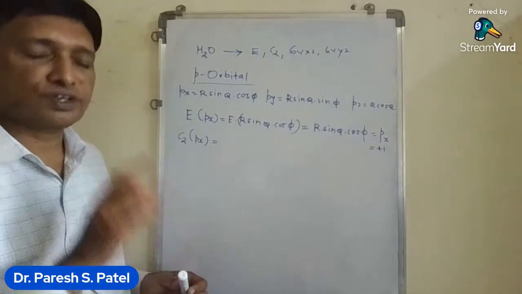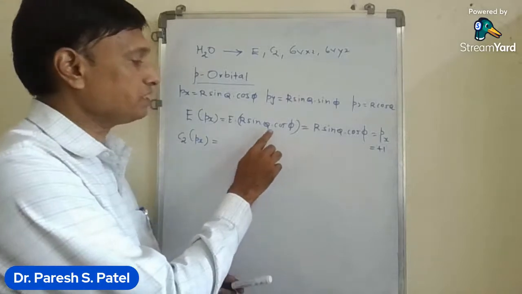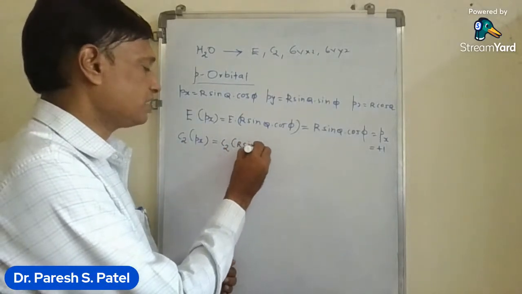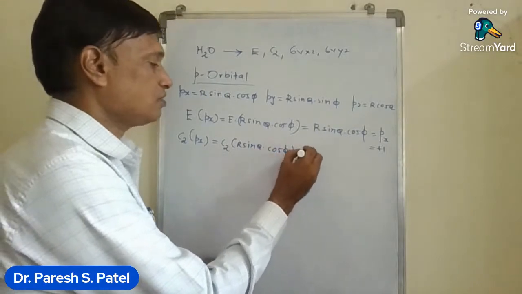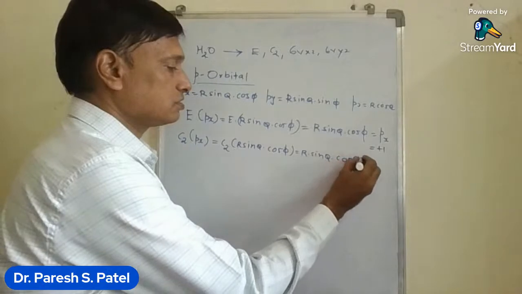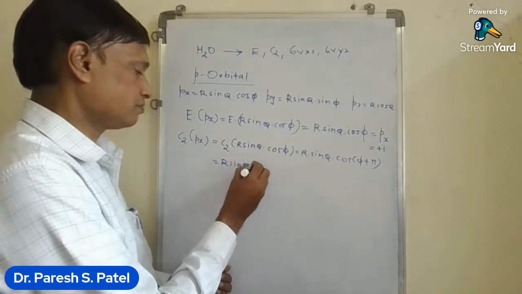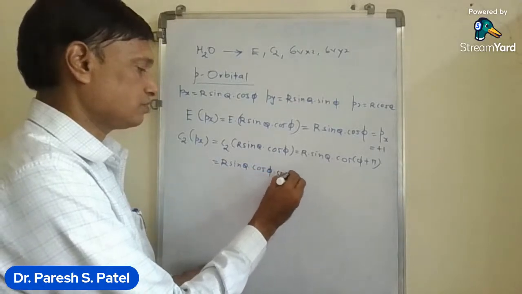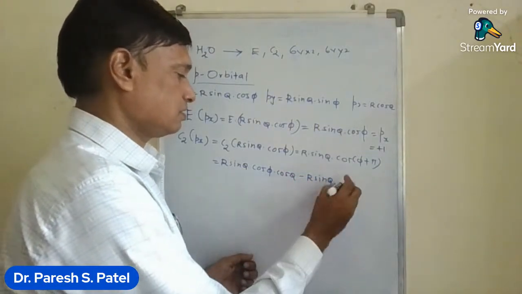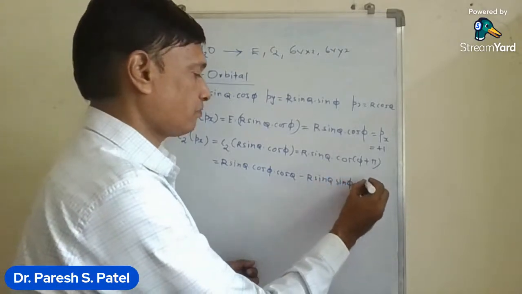Now, if you operate the C2 symmetry operation on px, generally we consider the molecule on the z-axis, so x is perpendicular to the z-axis. This means we have to rotate the water molecule by 180 degrees, or pi. So C2 into r sin theta cos phi is equal to r sin theta cos(phi plus pi), which is r sin theta cos phi cos pi minus r sin theta sin phi sin pi.